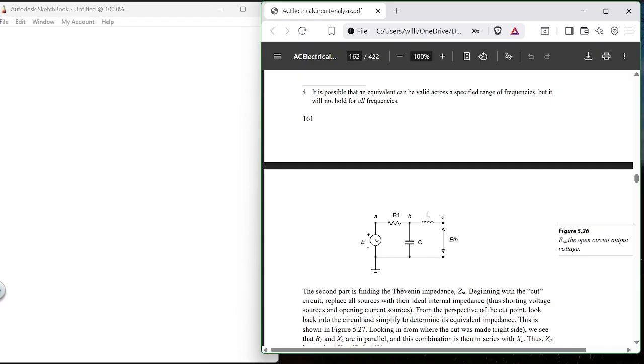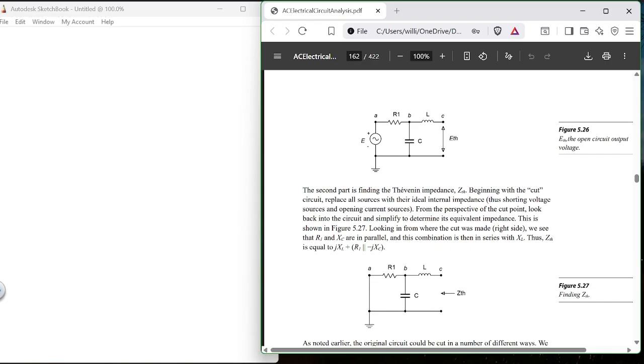Then you find the voltage across these terminals, and then you find the Z looking from C backwards into the circuit to D. You start here, you come down here, then you go this way or this way.